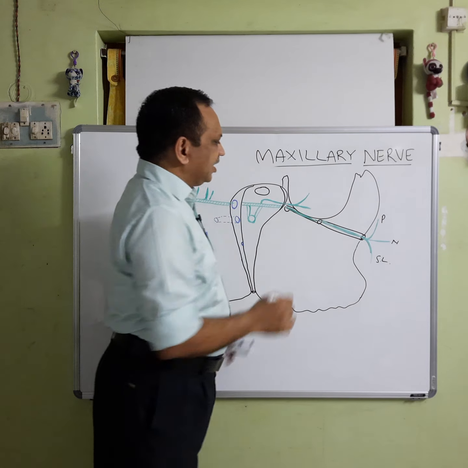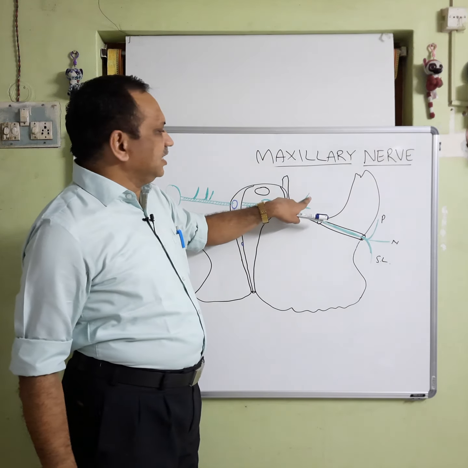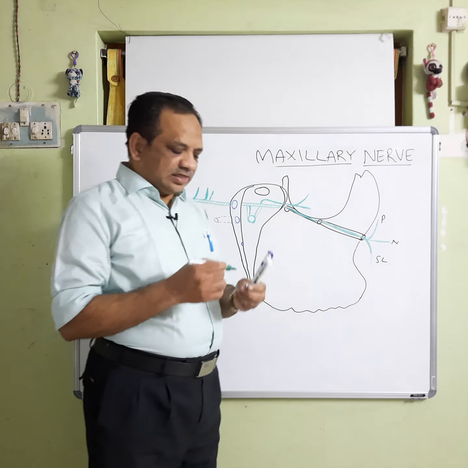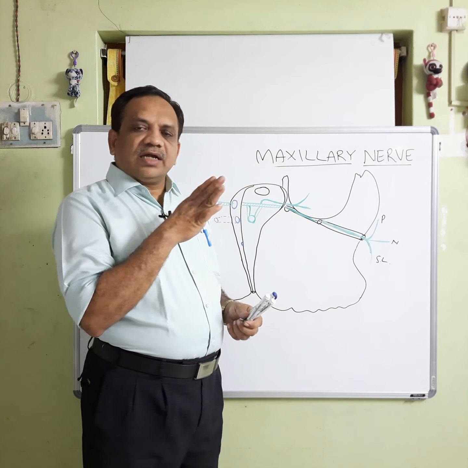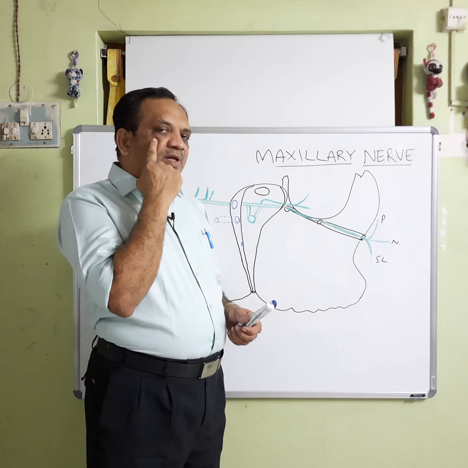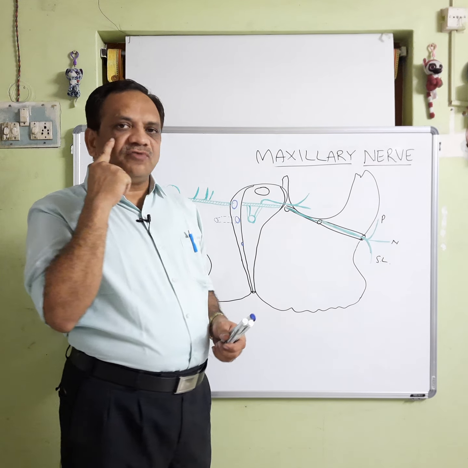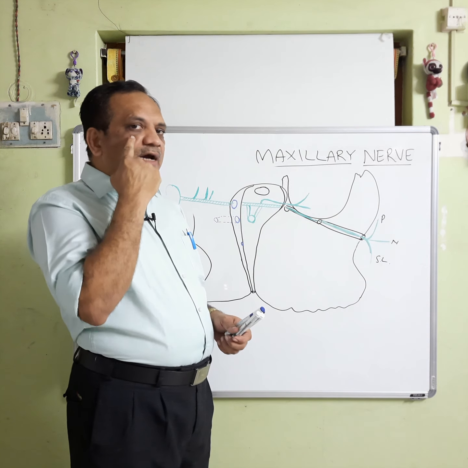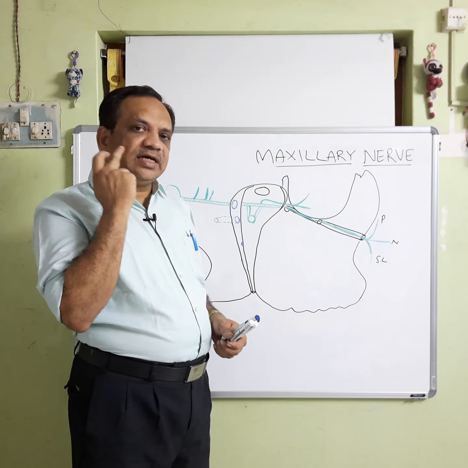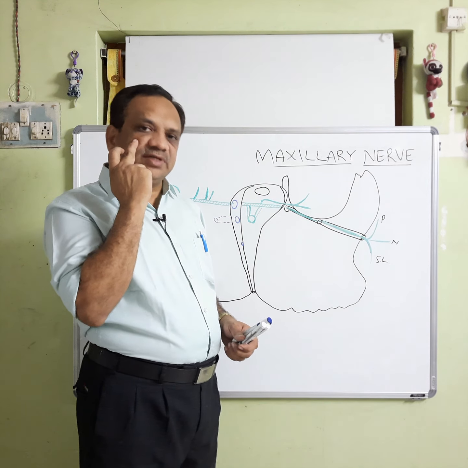This zygomatico-facial branch turns laterally and comes out onto the face. From here, there is a foramen, the zygomatico-facial foramen. It comes onto the prominence of the cheek and supplies the skin over the prominence of the cheek.